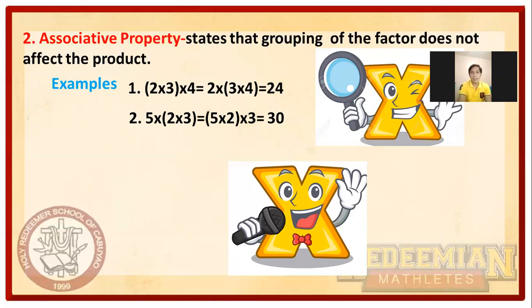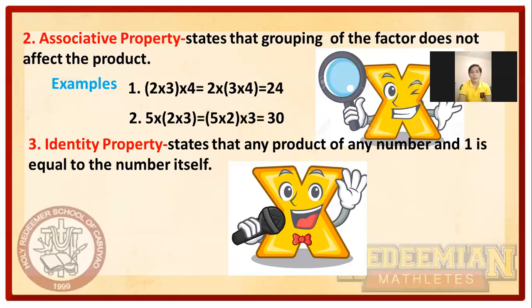On the other side, changing the grouping, 5 times 2 is the grouping, times 3 equals 30. Let us check if it is correct. So 2 times 3 equals 6 times 5 equals 30. The other side, 5 times 2 equals 10 times 3 equals 30.